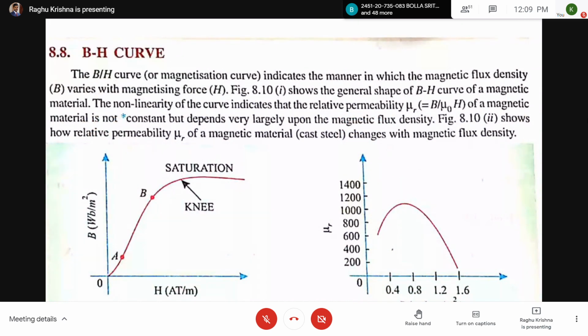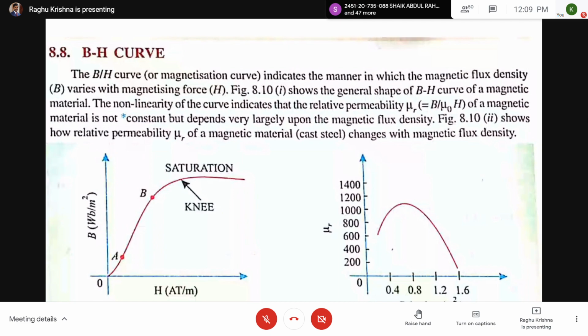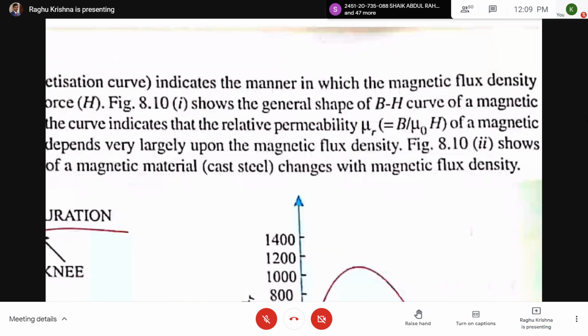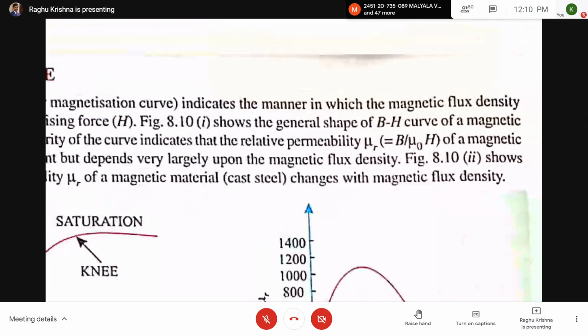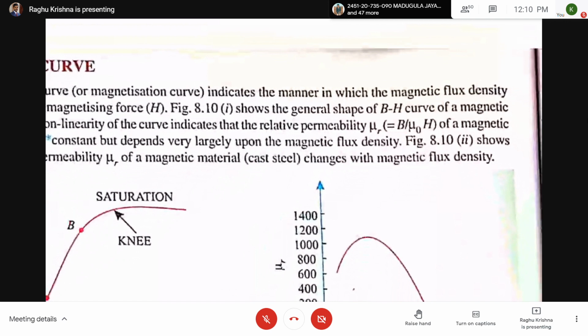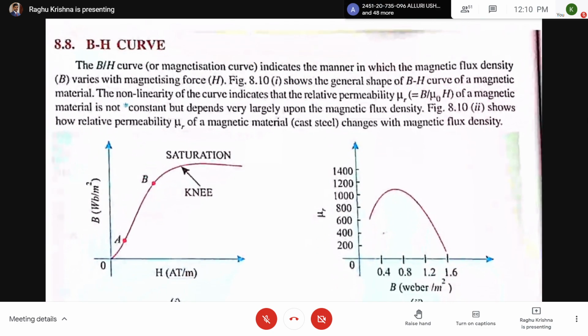The non-linearity of the curve indicates that the relative permeability mu r, which is given by B by mu naught H, so mu r is equal to B by mu naught H. Or simply, you know that B equals mu naught mu r H. So from that you are going to get mu r. The mu r of the magnetic material is not constant but depends very largely upon the magnetic flux density.